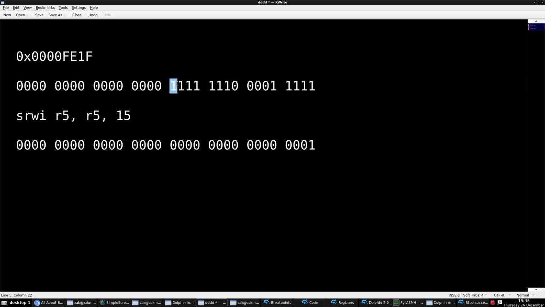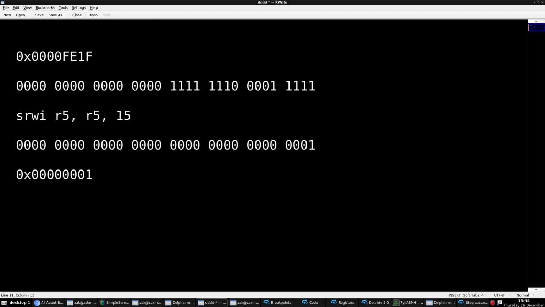So look at this guy right here. If we do this and count to the right 15 times, he ends up here. Everything else is thrown away because it went past bit 31 when shifting to the right. And the rest of the stuff gets filled in with zeros from the left-hand side, being moved from left to right. So thus, the hex value changes to 1.